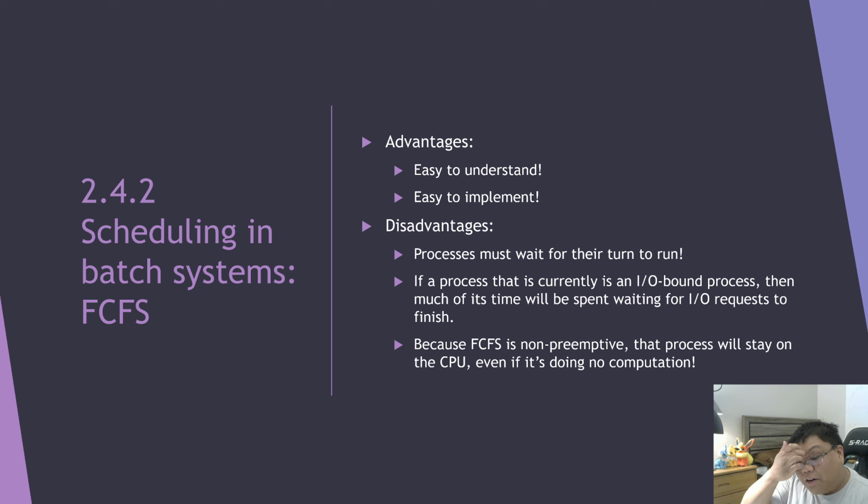That would not be fair to the processes that are waiting in line. Really, if you want to be smart about this, what we want to do is remove the CPU from the process. So preempt the CPU from the process and let the next process in line run for a little bit.